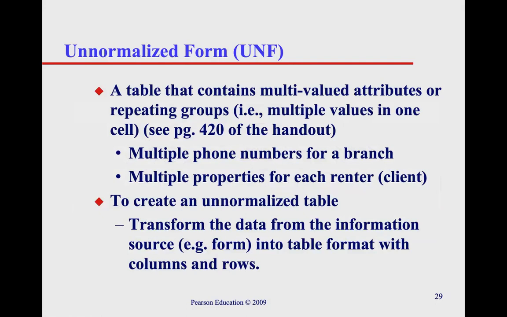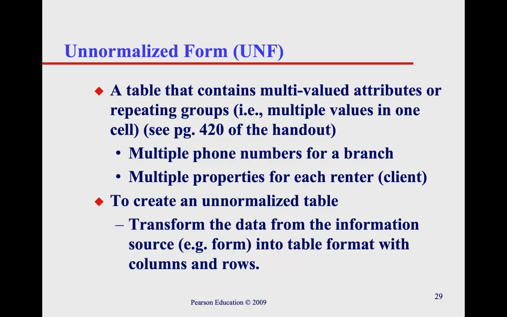Normally, when you create your first relations, you'll be creating them from things like forms. When you do that, you may end up with a relation that's in unnormalized form.